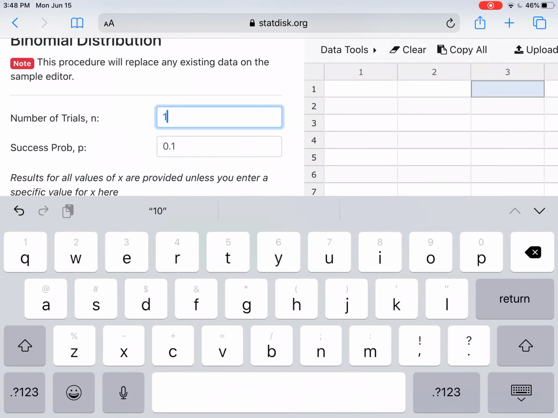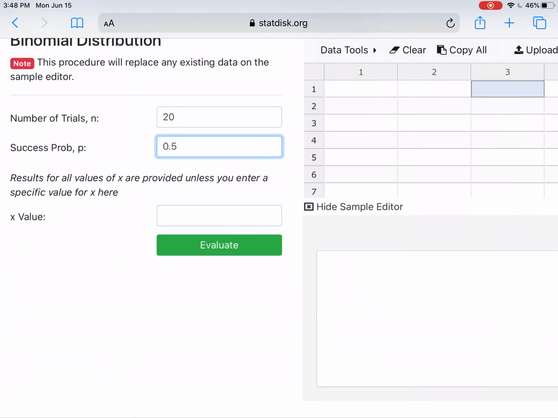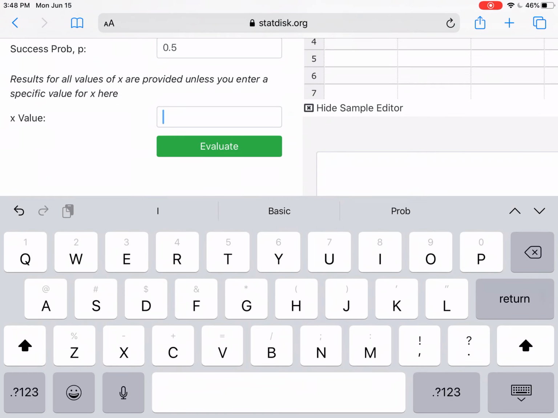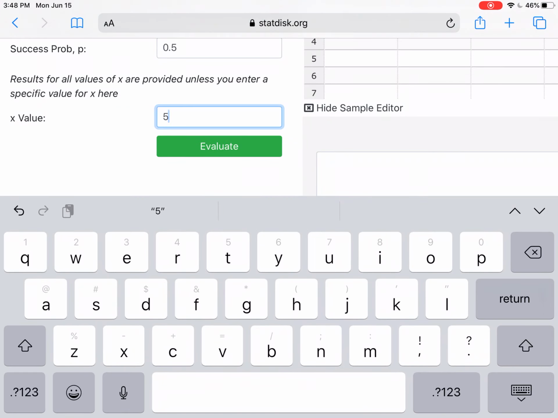So the number of trials, each person that they hire is a trial, so there are 20 trials. We are assuming that they are fair by default. So if they are fair, then half of the time they will hire a female and half the time they'll hire a male. And we are looking specifically at they happen to hire 5 females.